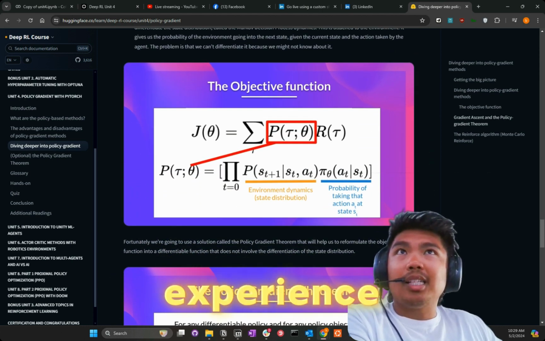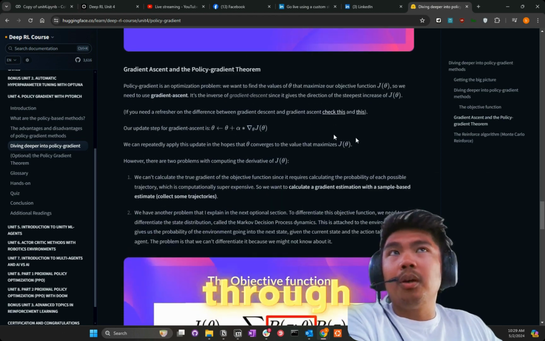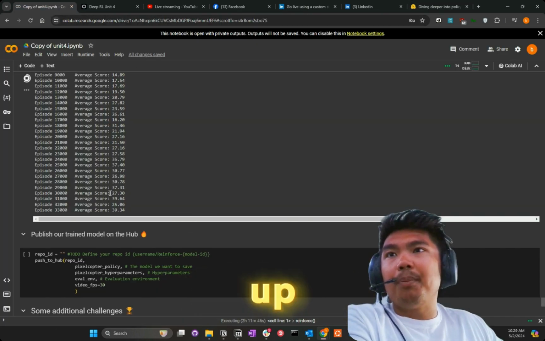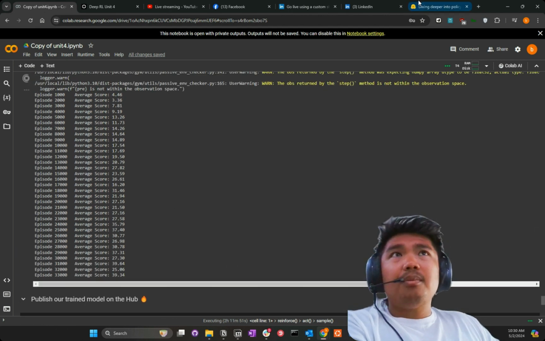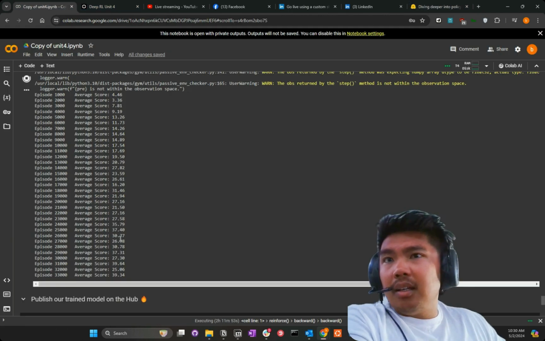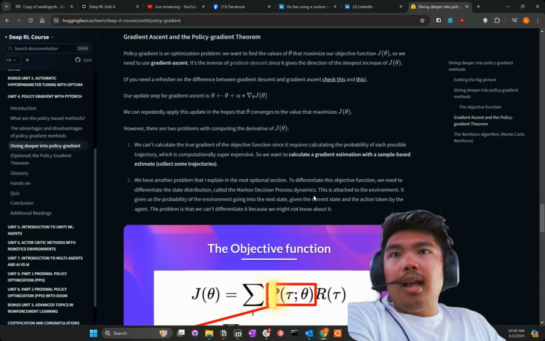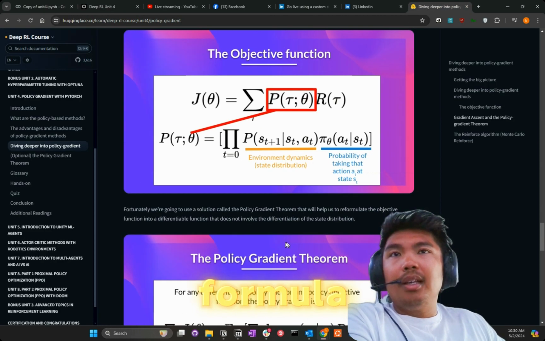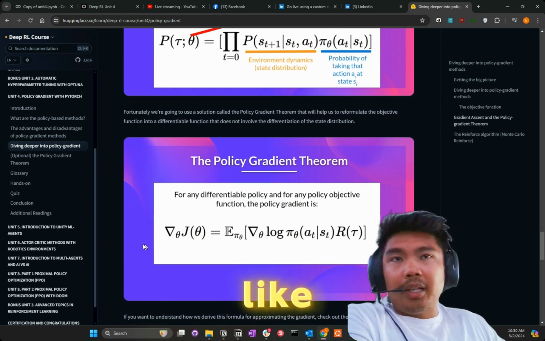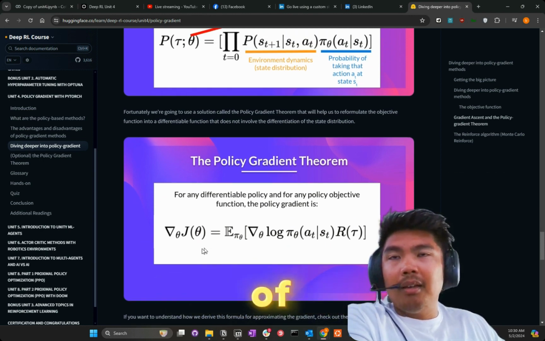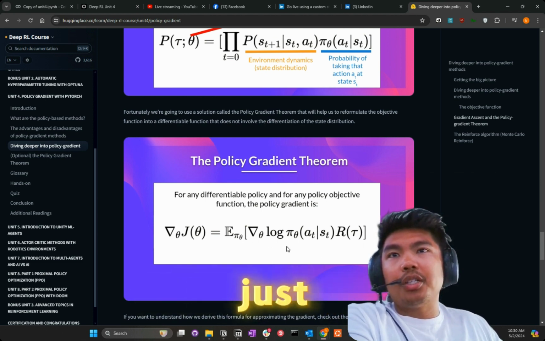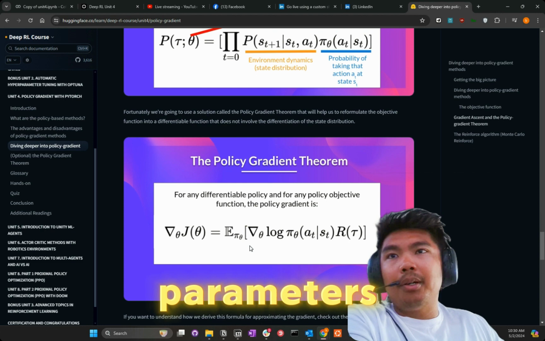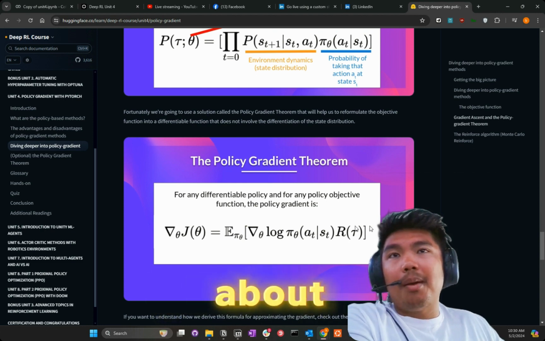From my experience, having worked through and currently finishing up the training run for the last environment, I know that this formula, it's good to understand the backing of it, but when you get a reinforcement learning library, you can just edit the hyperparameters without having to worry about the math.